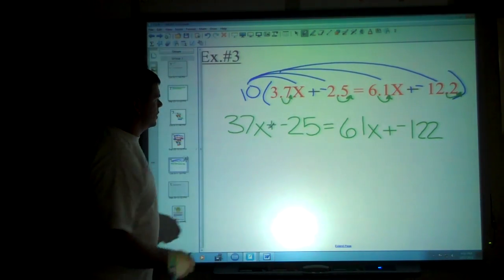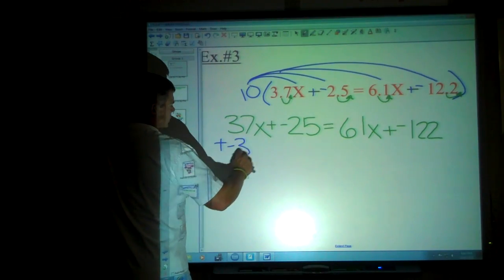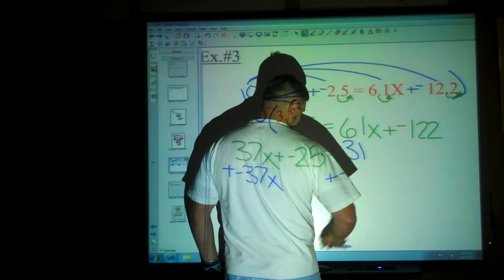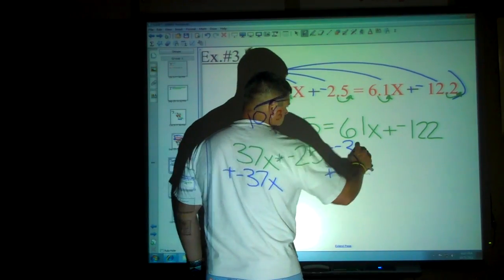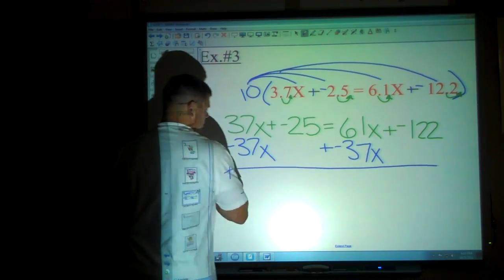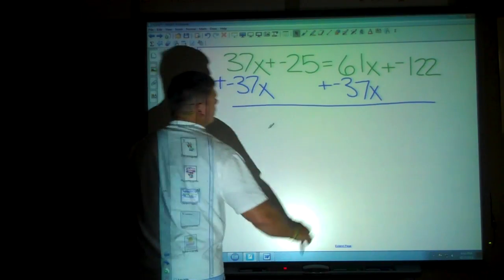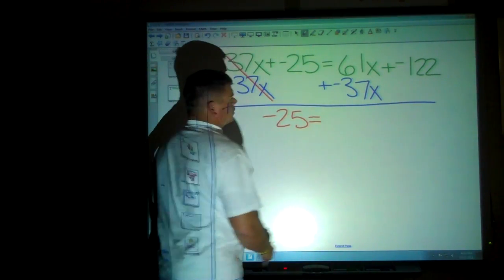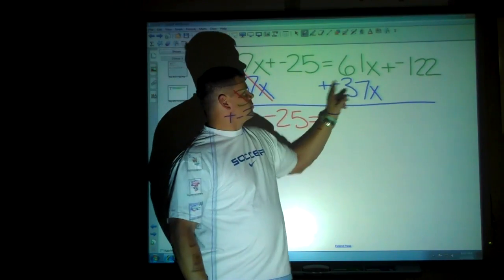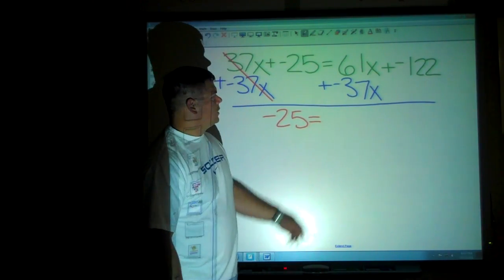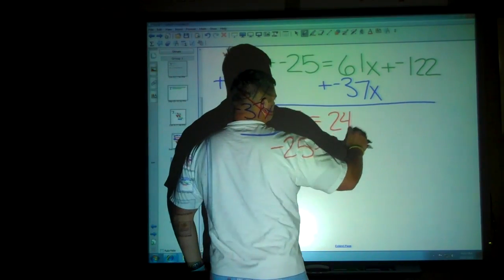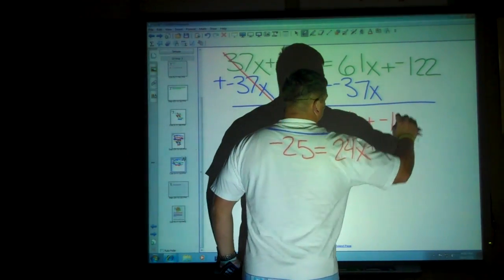Now the shuffling game continues, plus negative 37x. Those cancel. Negative 25 equals 61x plus negative 37x. There are 24 more positive x's, plus the negative 122.